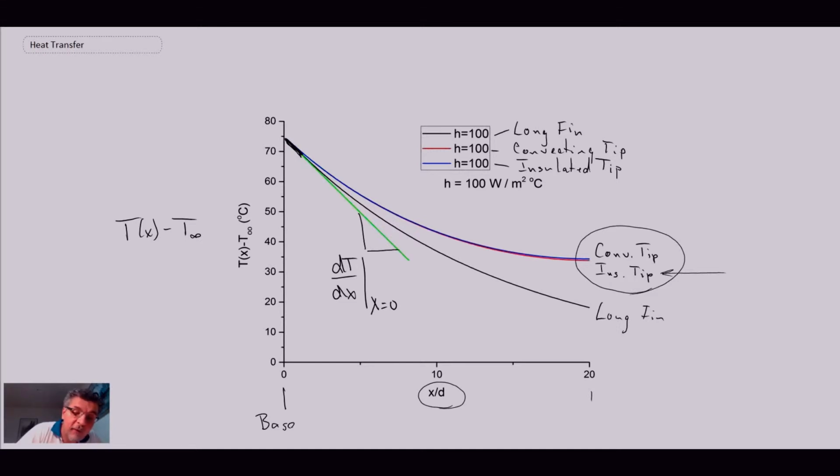And through Fourier's law, we know that everything that flows into the base is what is going to be dissipated to the air by the convective system of the fin. And so through Fourier's law, if you know that slope, you can then determine the amount of energy being withdrawn, specifically q_f, and that is the heat transfer from the fin. So that is the case of h equals 100.